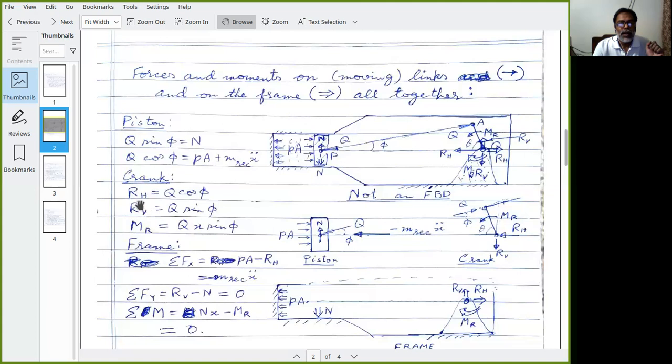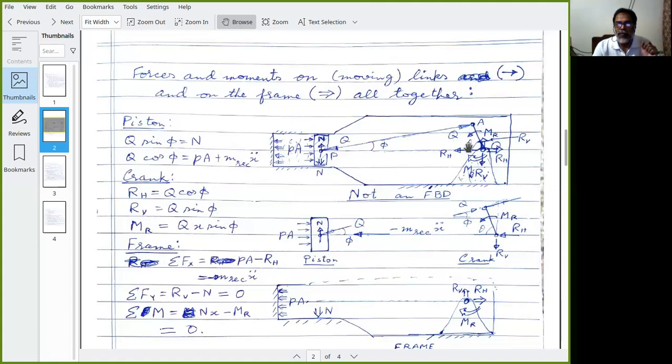So RH leftward is equal to Q cos phi backward. Similarly, RV is Q sin phi. And MR is equal to the moment of Q. And how to work out the moment of Q? Q into the perpendicular distance of its line of action from the fixed point.